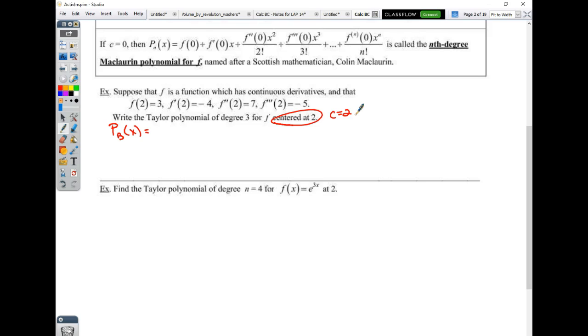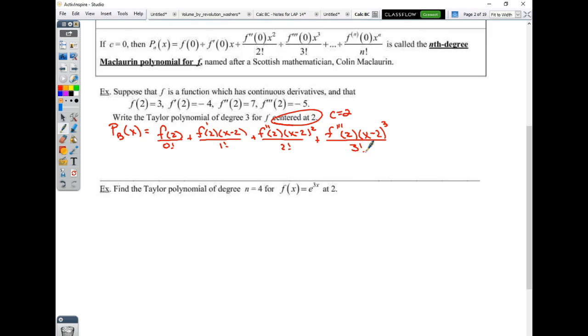And if I want the 3rd degree Taylor polynomial here, we would have f of 2 over 0 factorial plus f prime of 2 times x minus 2 over 1 factorial plus f double prime of 2, x minus 2 to the 2nd over 2 factorial plus f triple prime of 2, x minus 2 to the 3rd over 3 factorial.